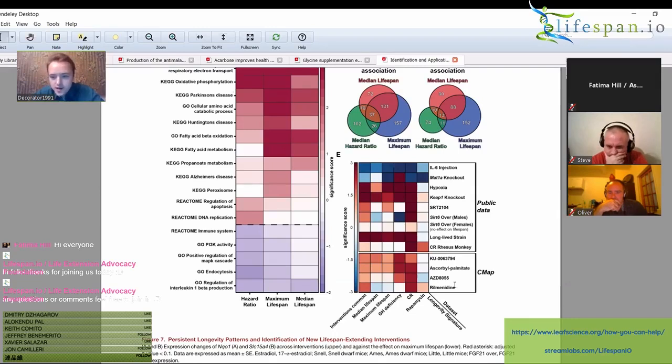On the y-axis, we have different interventions which were obtained from publicly available datasets and from CMAP predictions. CMAP is a well-known Broad tool which shows how similar your gene expression profile is to the effect of chemical compounds on cell lines.